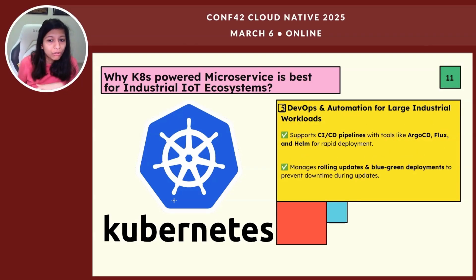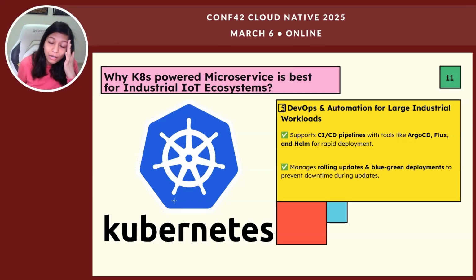The fifth is the developer aspect. Anytime you want to deploy a new version quickly and test it out, the continuous integration and continuous deployment support in Kubernetes is amazing. Also, you can roll out updates. For example, if the new version is not working, you can go back to the older version in a minute.